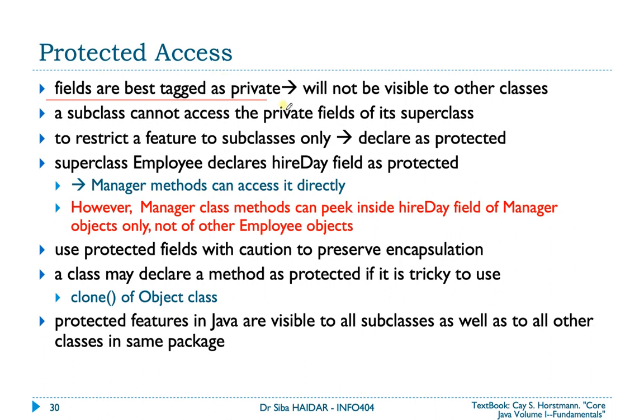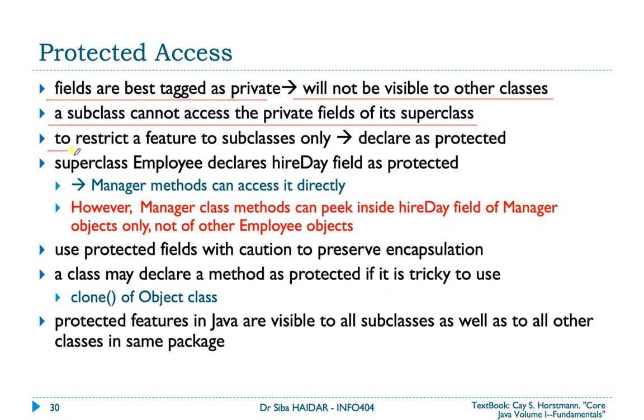Most of the methods are best tagged as public, and sensitive internal-use methods must be tagged as private. And let's see what must be tagged as protected. When fields are declared as private, they will not be visible to other classes, okay? So a subclass cannot access a private field of a superclass, and this was the case of the field salary. We cannot access it from the class Manager.